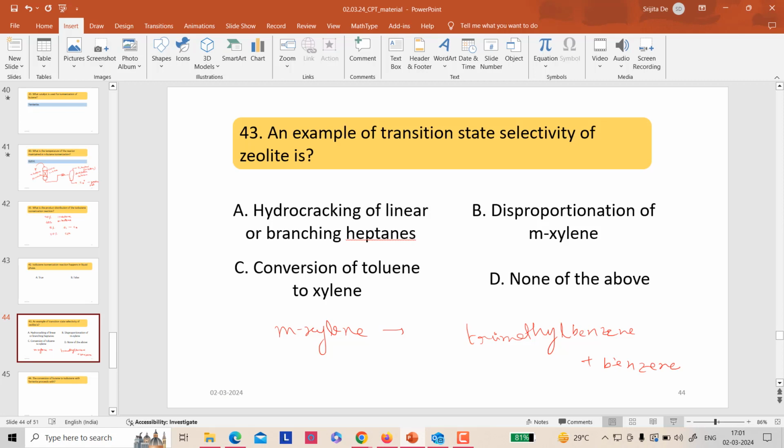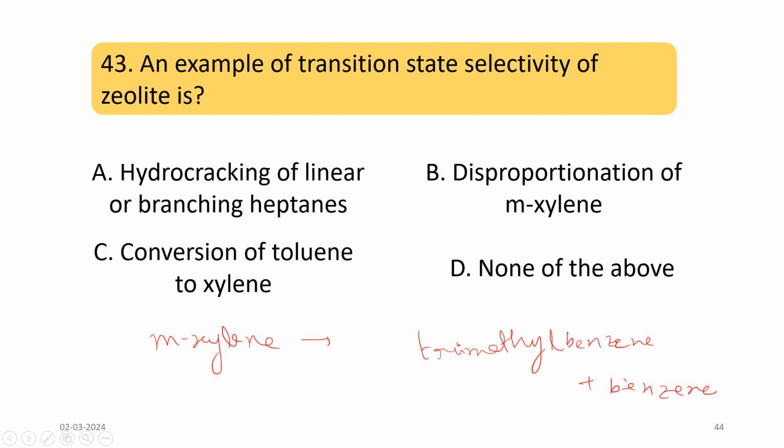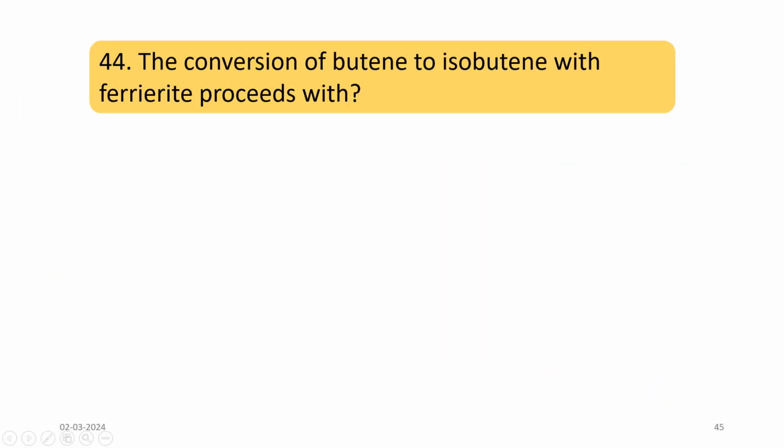So this transition state example is a disproportionation of xylene. Next question is that the conversion of butene to isobutene with ferrierite proceeds with what? In which order? Like what will happen when we add ferrierite in butene?